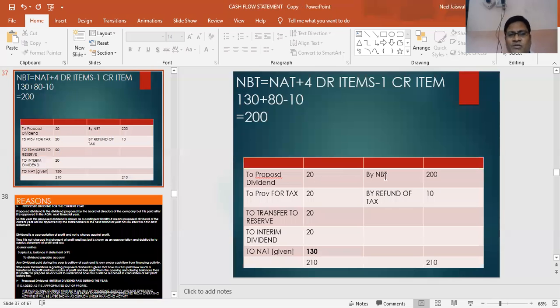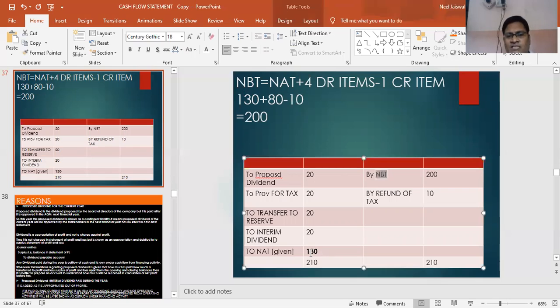And why do we have to find out this NPBT in the sum? Most of the time we are given NPAT, net profit after tax. You see, from NPBT we have already subtracted the proposed dividend of the previous year, the provision for tax of the current year, any reserves which we have transferred, and the interim dividend which we have paid, and then we got NPAT.